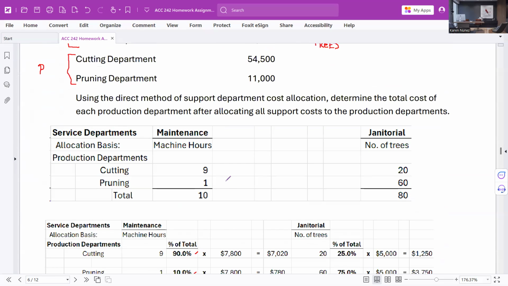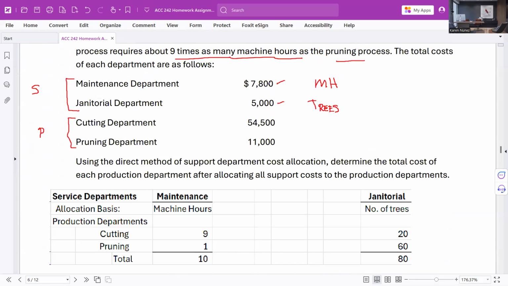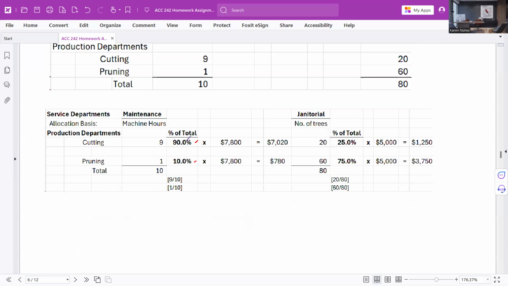We multiply times the cost, 7,800 for the maintenance department. So 90% times 7,800 is 7,020. That's what we allocate. 10% times 7,800 is 780. That's what we allocate to the pruning department from maintenance.